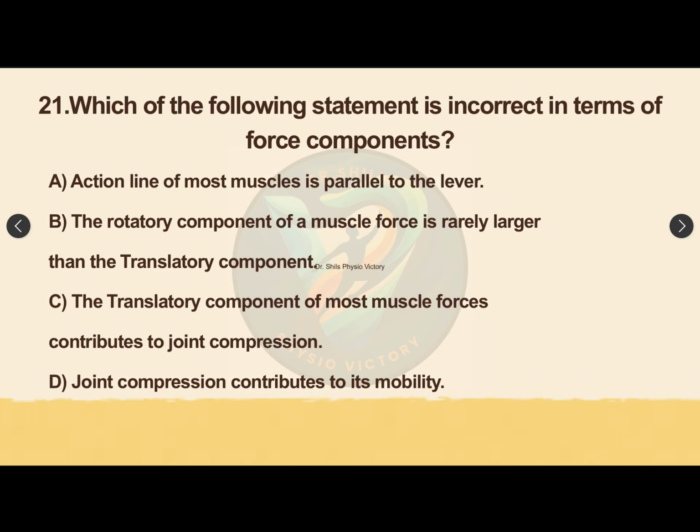Option C, the translatory component of most muscle forces contributes to joint compression. Option D, joint compression contributes to joint mobility. Here, the clear answer is option D, joint compression contributes to mobility is the incorrect statement.